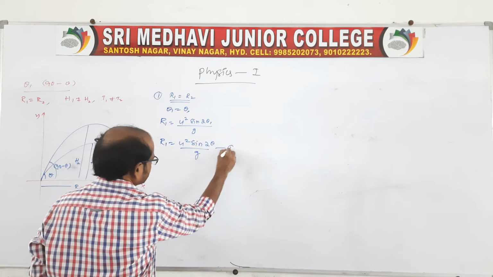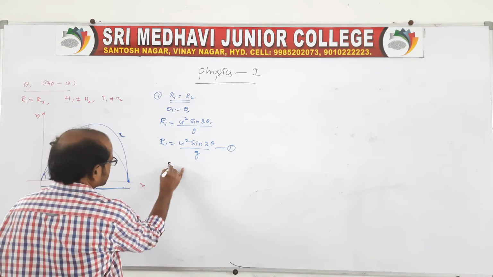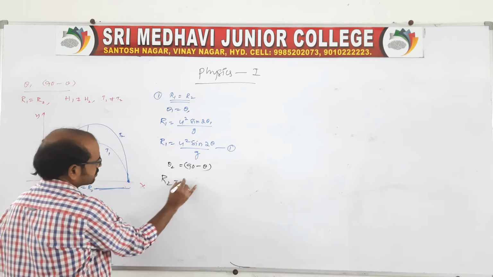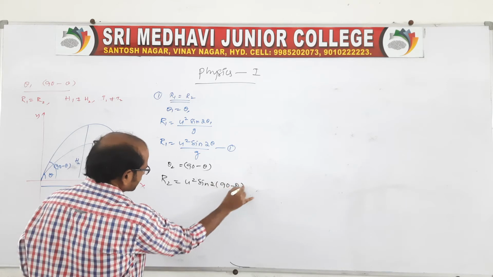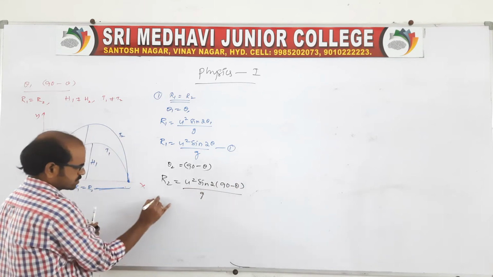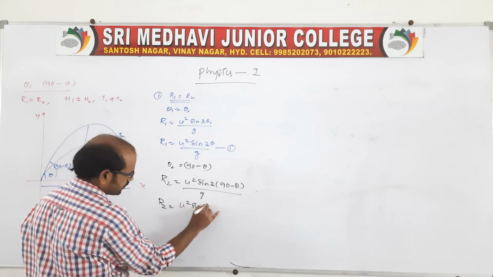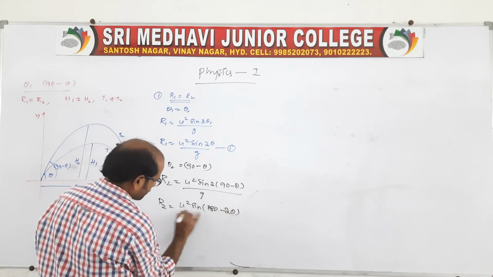This is expression 1. In the same way, you take the second expression, theta 2 is equal to 90 minus theta. So r2 is equal to u square sin 2 into (90 minus theta) by g, so r2 is equal to u square sin (180 minus 2 theta) by g.